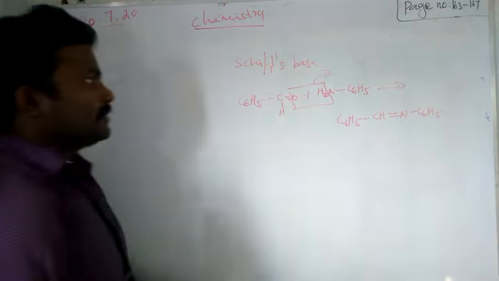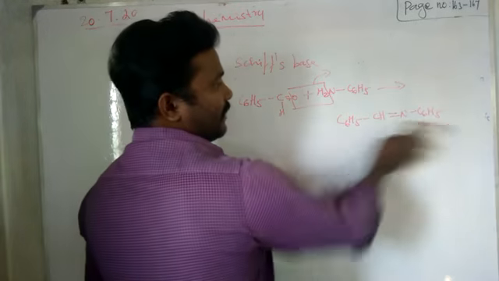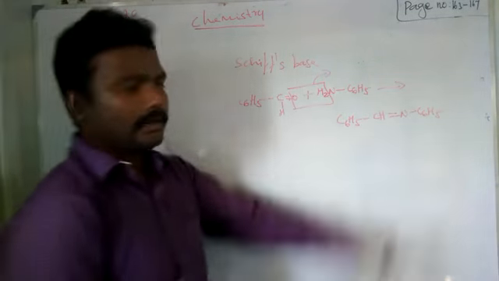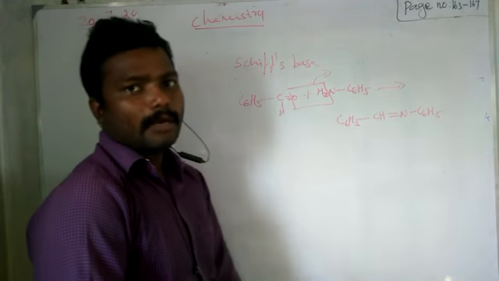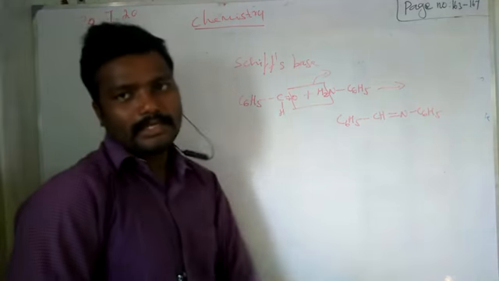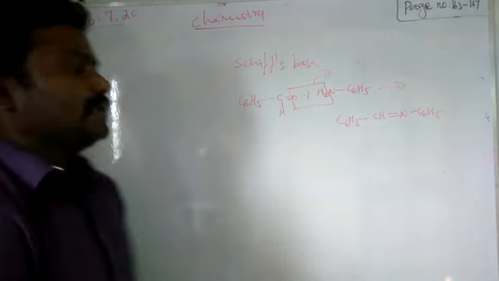This is called the Schiff base. Otherwise, it is called N-phenyl phenylethylideneamine. Ethylidene means a double bond with the amine group. Or simply we can call it Schiff base. Okay.